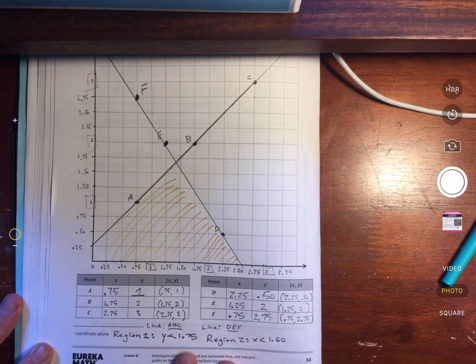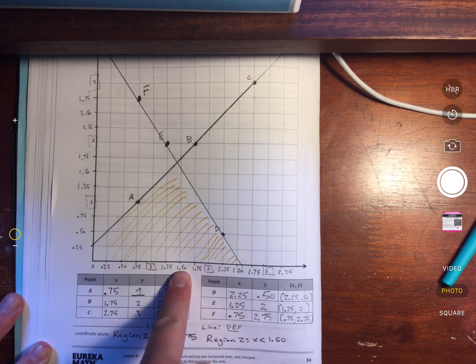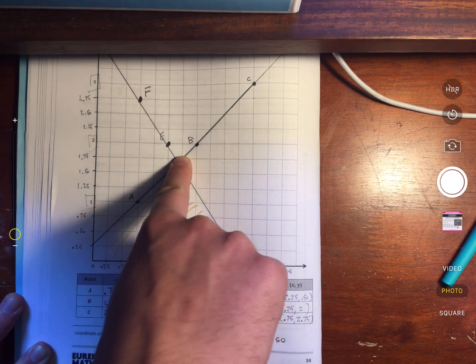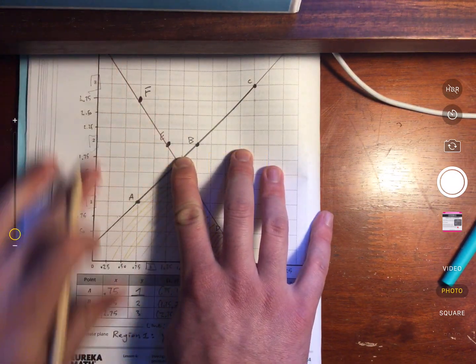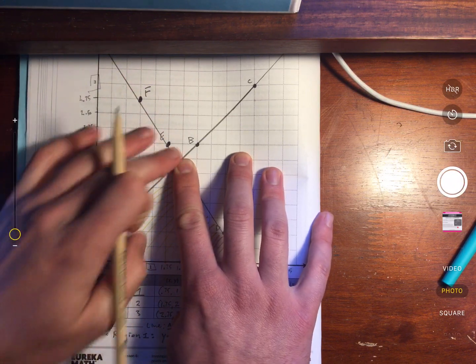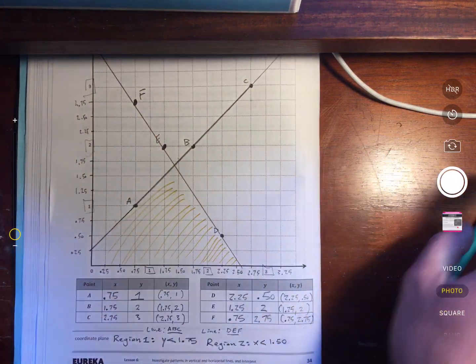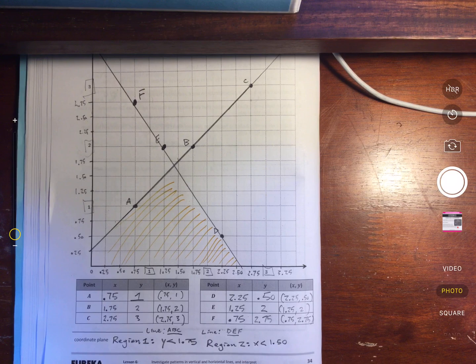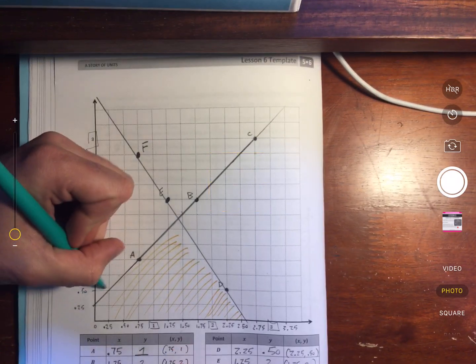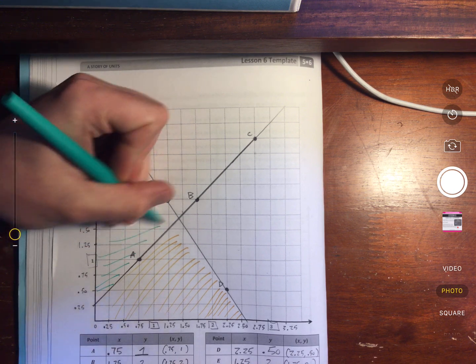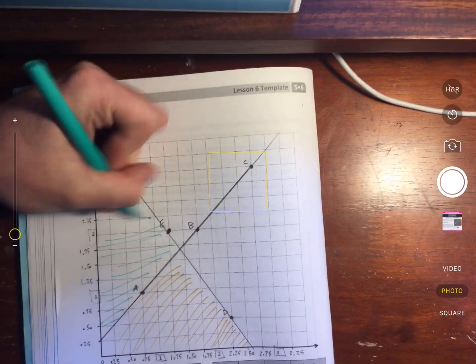50/100. So what that means is I'm going to go over to where I see 1 50/100 on my x, and I'm going to go up. And then I'm going to shade in every single part of this region that was created by that intersecting line that is less than 1 50/100. Okay? So that's going to be our second region. I'm going to use my handy dandy teal marker now to shade these in.